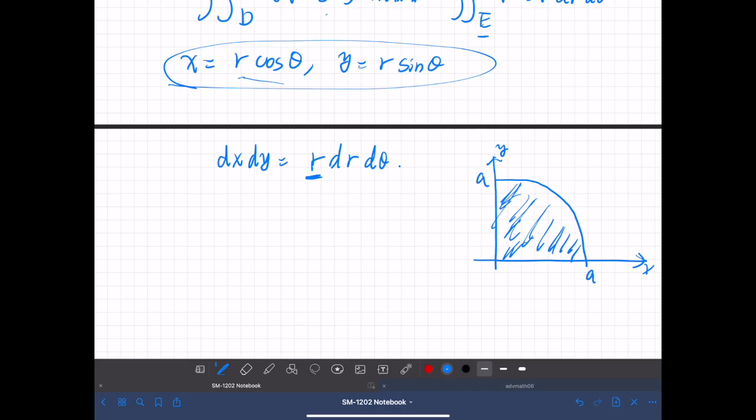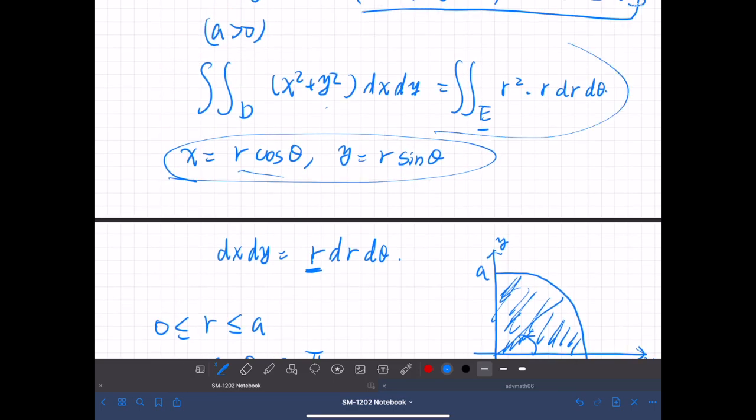So in terms of the polar coordinates, r is less than or equal to a, and theta is between 0 and pi half.